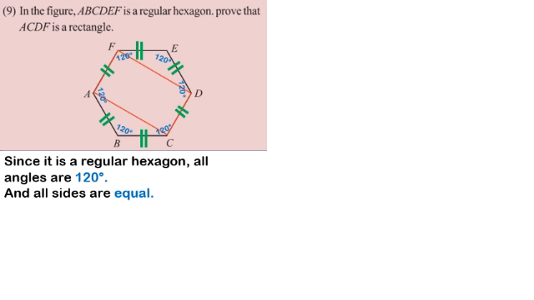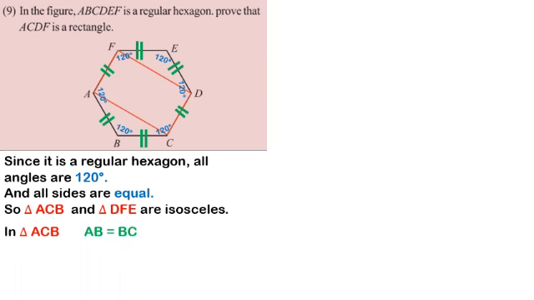So we can say two sides of triangle ACB and triangle DFE are equal. So triangle ACB and triangle DFE are isosceles triangle. So we can write in triangle ACB, side AB equal to BC. So angle opposite to AB and BC are equal, that is angle BAC equal to angle BCA.